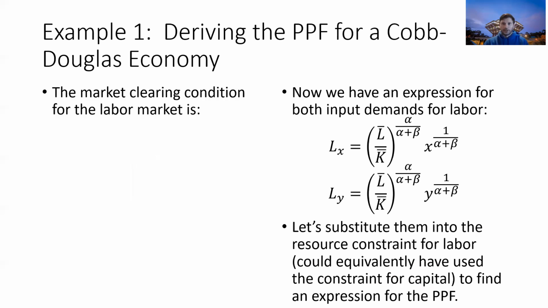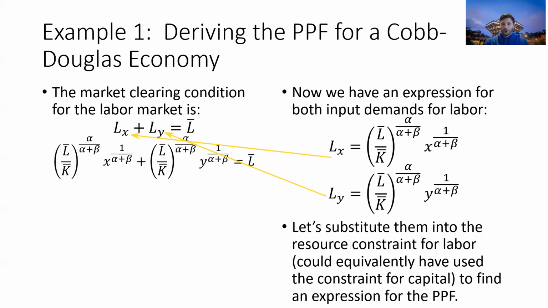Okay, so the market clearing condition for the labor market was that the total labor demanded by the firms, LX plus LY, had to equal L bar. This was really the resource constraint. Now we can substitute both values that we have for the demand for labor for X and the demand for labor for Y. I'm going to argue what we have found here is the equation of the production possibilities frontier.